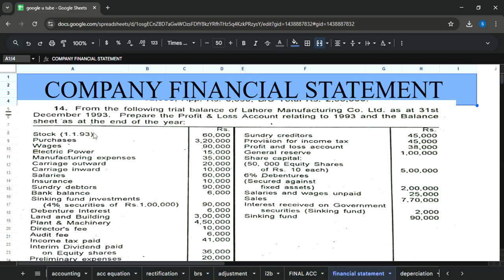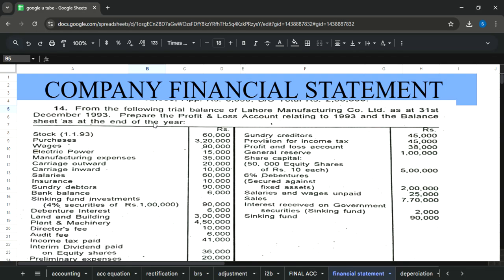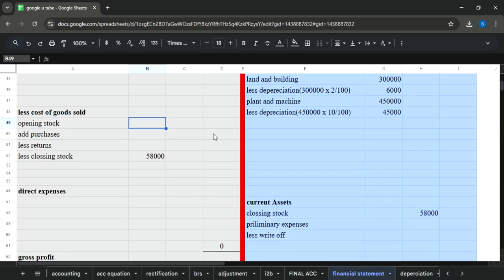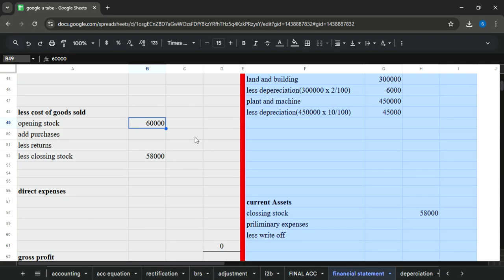So first is stock, and since it is written 1st January, our last date is December, so it's opening stock, and the place for opening stock is already reserved, the amount of which is 60,000. So let's put 60,000 on the indirect expense side. After that we have purchases. The place of purchases, look at here, is also reserved.